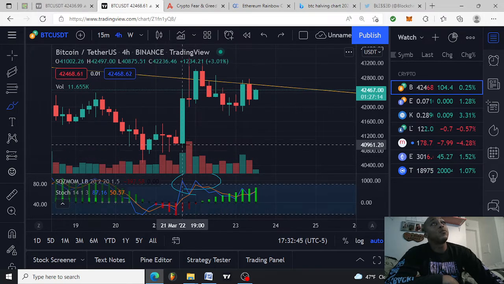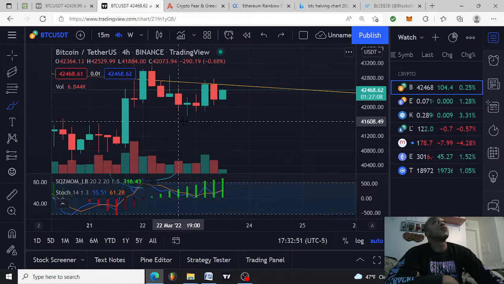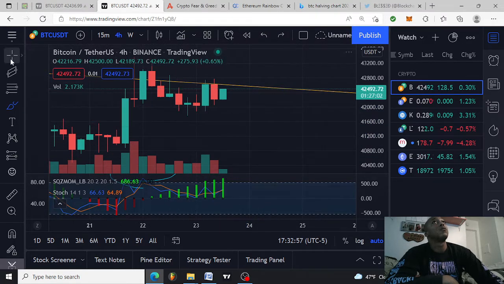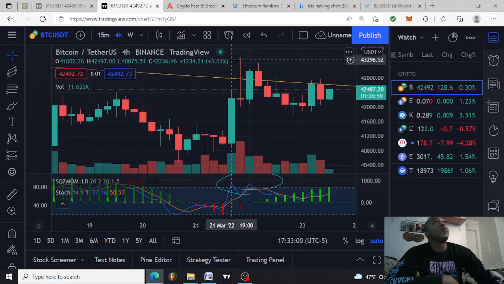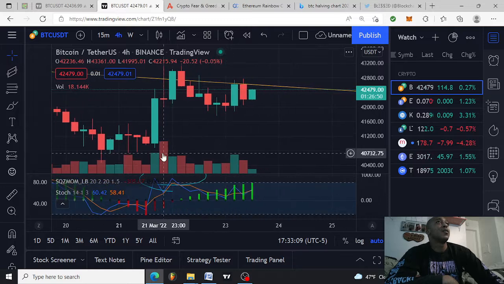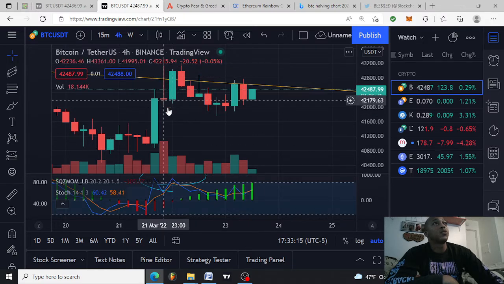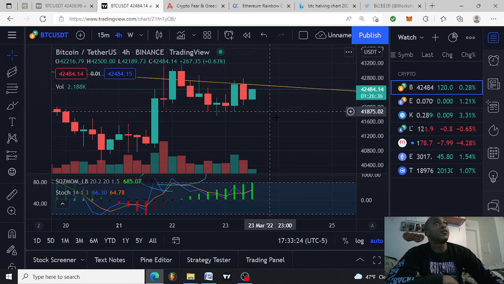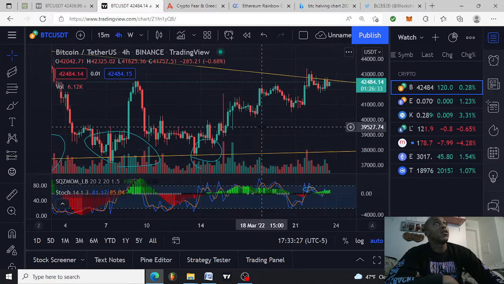So even with this big volume candle right here, the top price at this time frame was $43,000, and this volume showed exactly what this price was. So here we are at this amount of volume, and we have $42,000 worth of Bitcoin at this current price.